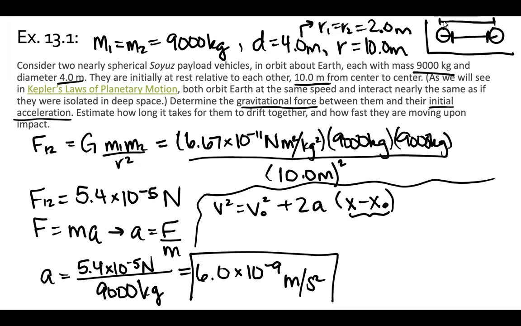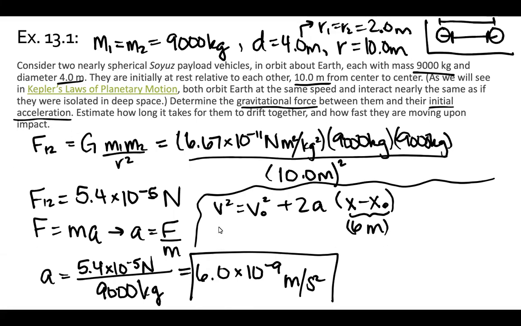So we need to take that total distance, 10 meters, and subtract out each of the radii. So it would be 10 meters minus 2 meters minus 2 meters. That should be 6 meters, right?